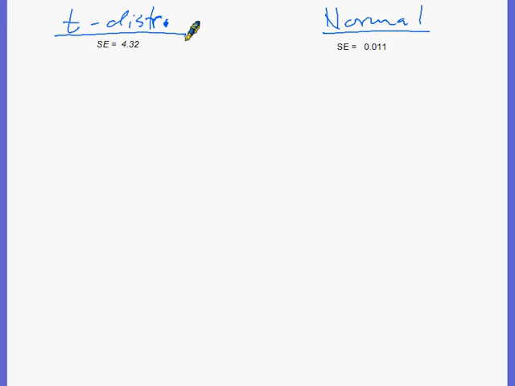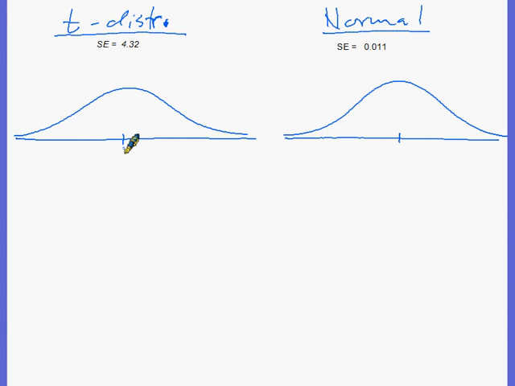So what we can do is draw these, which would look something like this. Of course, this is the t distribution of means, and this is a normal distribution of proportions. We know we have three standard errors that go out. I'm going to have to do this from the center, and we haven't talked about center.